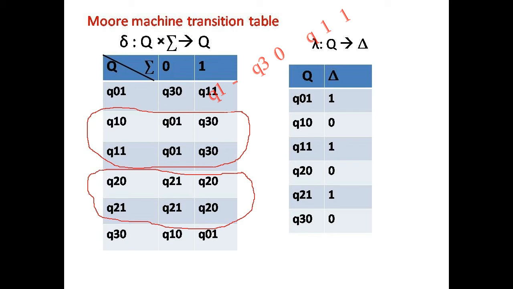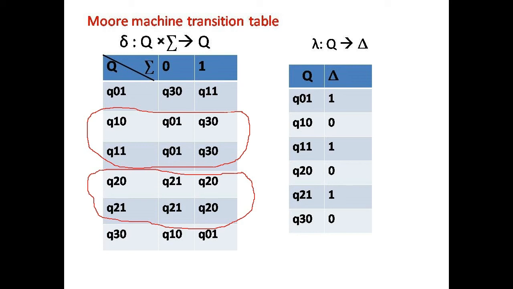Now, in this transition table, Q01 is the new state of the Moore machine. Q01 on input symbol 0 goes to Q30, and Q01 on input symbol 1 goes to Q11.